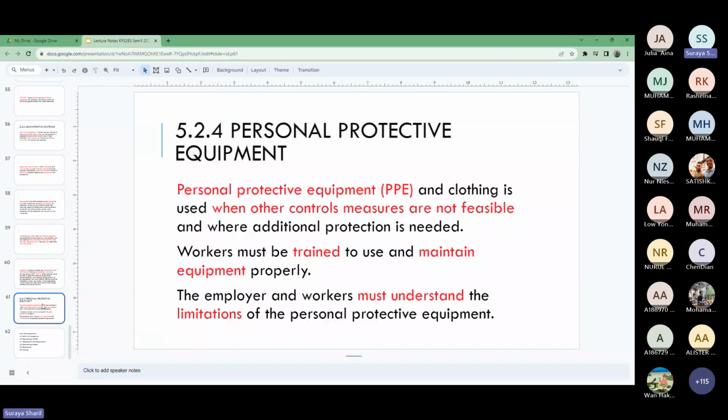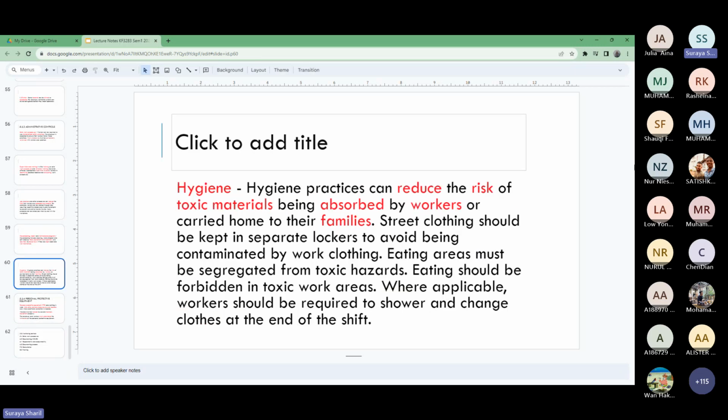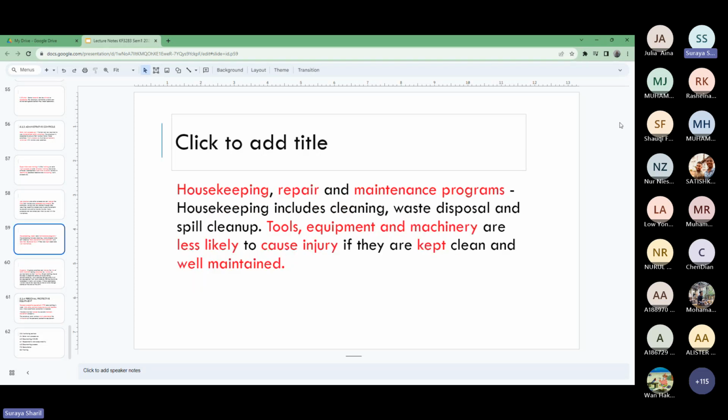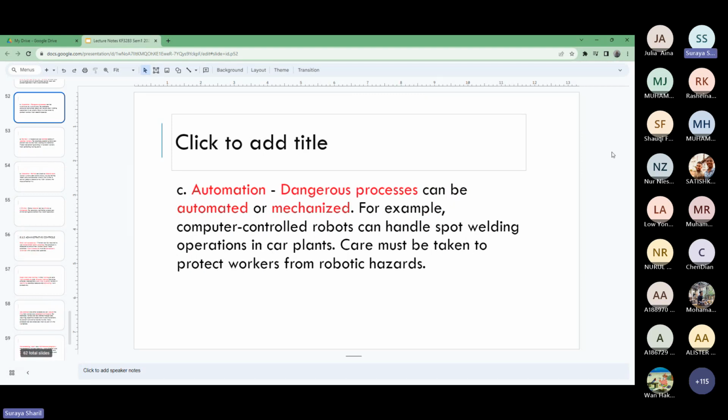Okay, so I think this is the last slide. As you can see here, there are other subtopics which are not included in the lecture, because I refer to this slide based on a government document, HIRARC.